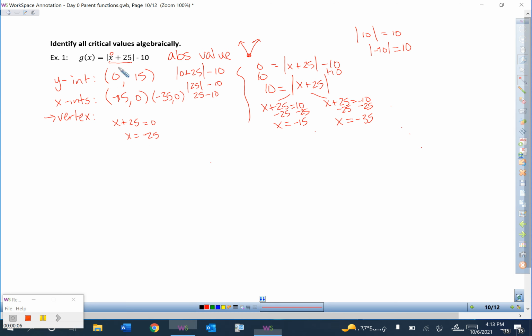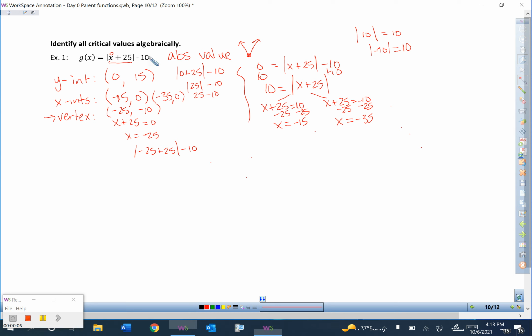Similarly, once you know the x value, you can find the y value just by substitution. Here's my original equation. I'm plugging in the negative 25, and then I get 0 minus 10 is negative 10. So I've got negative 25 and negative 10, just like that x value meant going to the left 25.